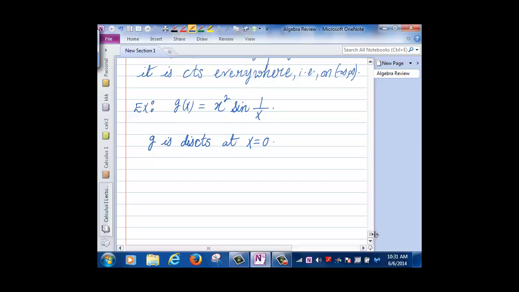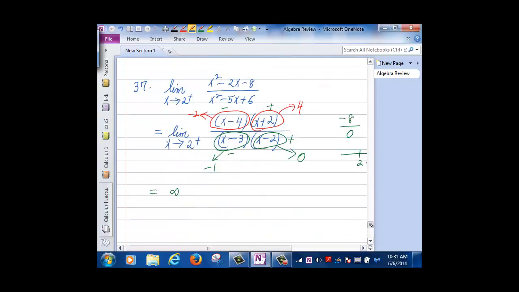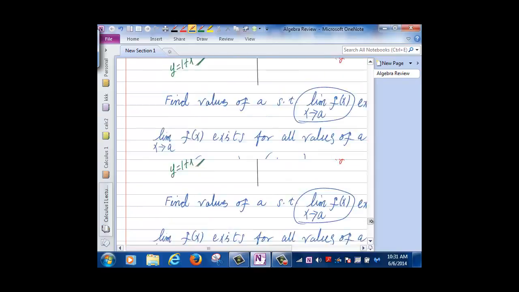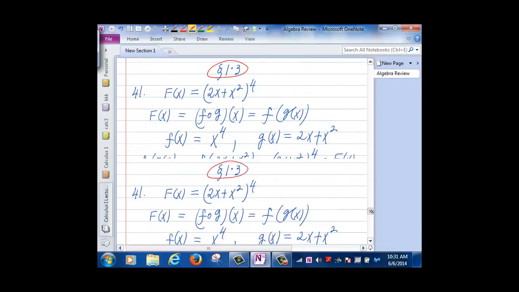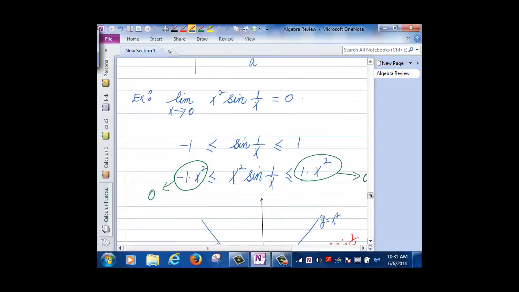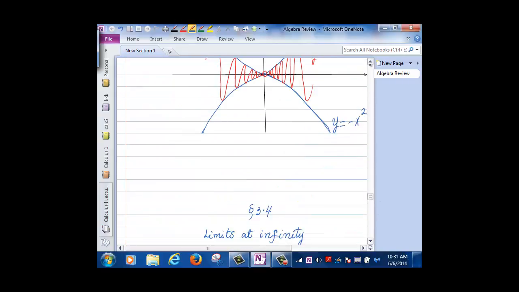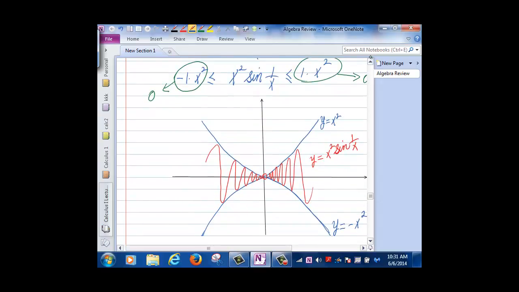Anyone remembers the graph? You just have a hole at 0, so it is going to be a removable discontinuity right there. So this was the graph of x squared sine of 1 over x.